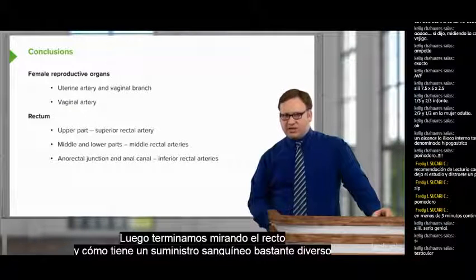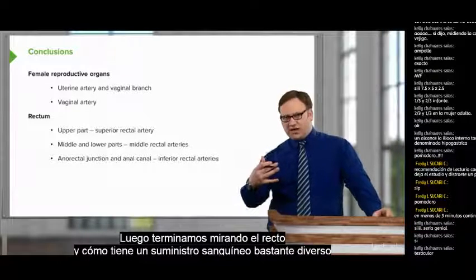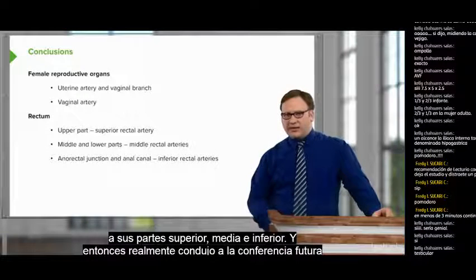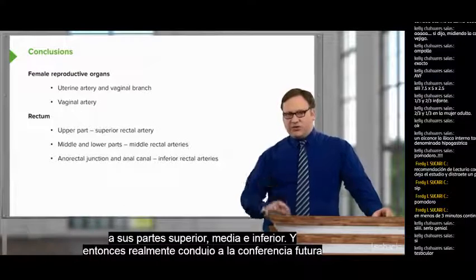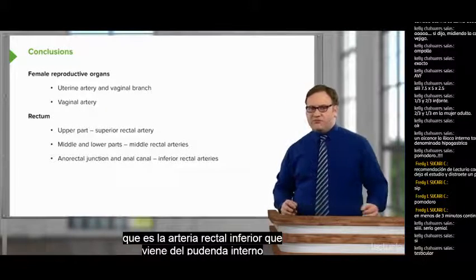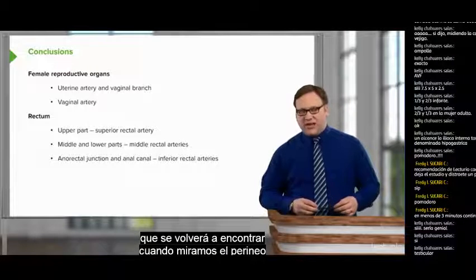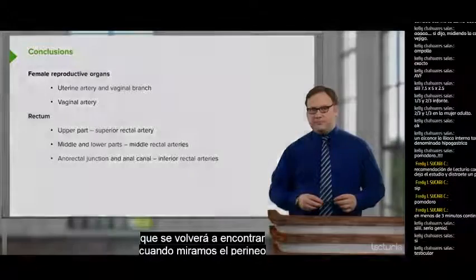We then finished by looking at the rectum and how it has quite a diverse blood supply to its upper, middle and lower parts, and then really led on to a future lecture, which is the inferior rectal arteries coming from the internal pudendal, which we'll come across again when we look at the perineum.